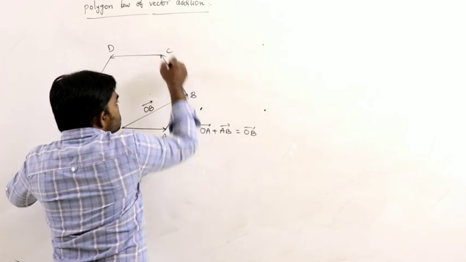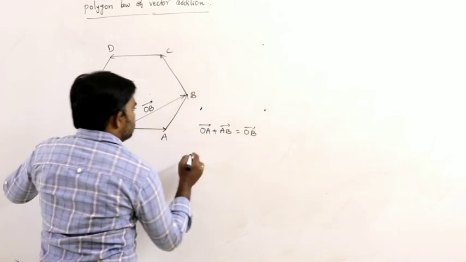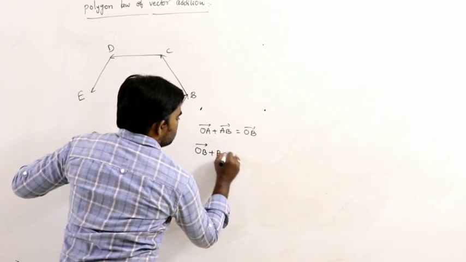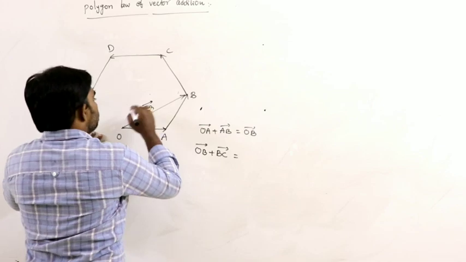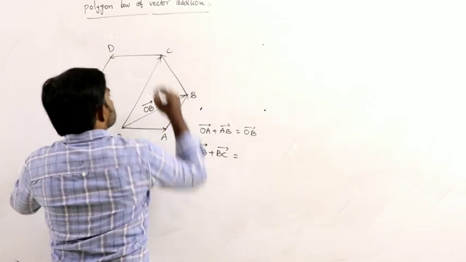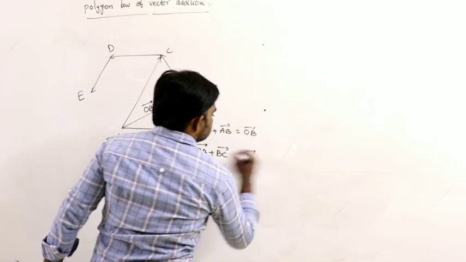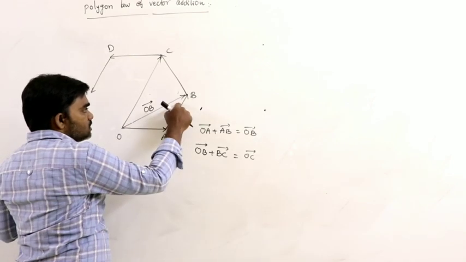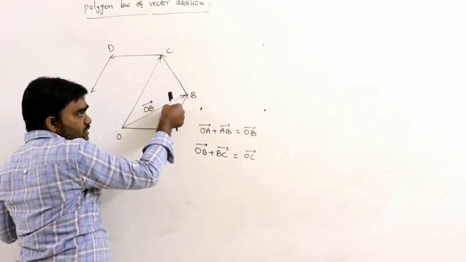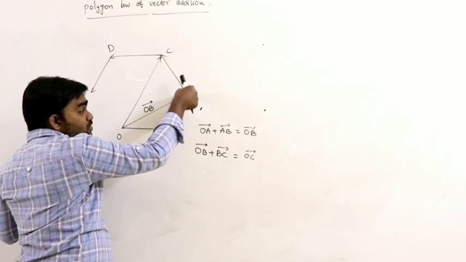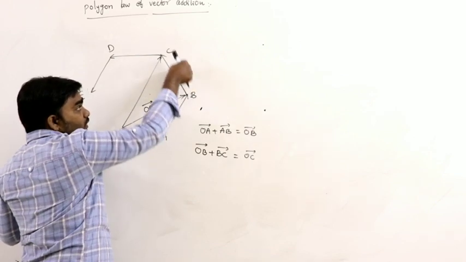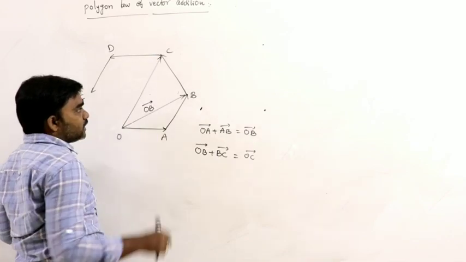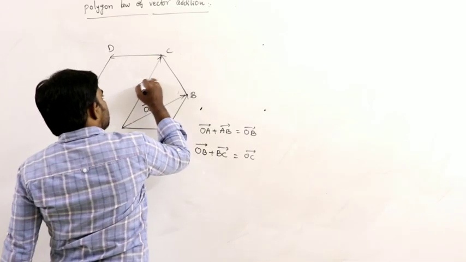Next, BC bar starts from the final point of OB bar. Now OB bar plus BC bar we can write as OC bar. OB bar is the first vector, the second vector starts from the final point of the first vector, and the line joining the starting point of the first vector and the ending point of the second vector gives the resultant, OC bar.